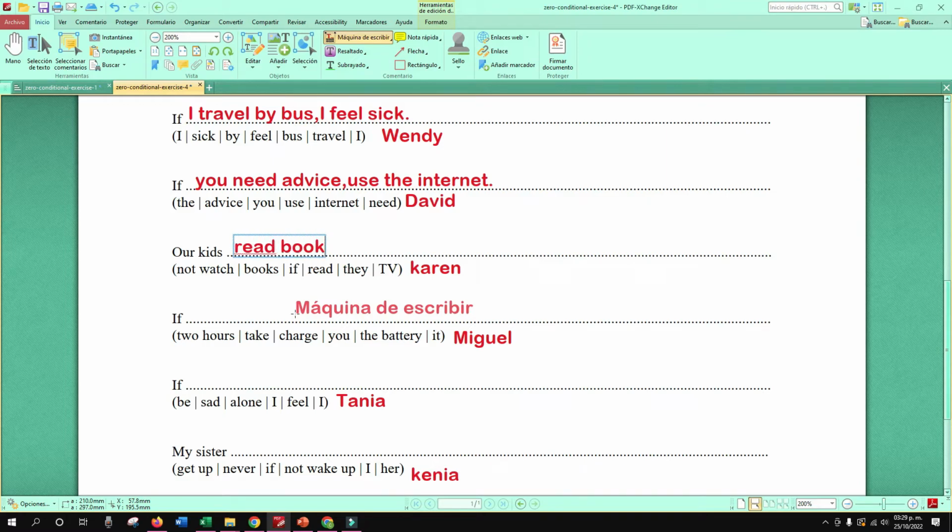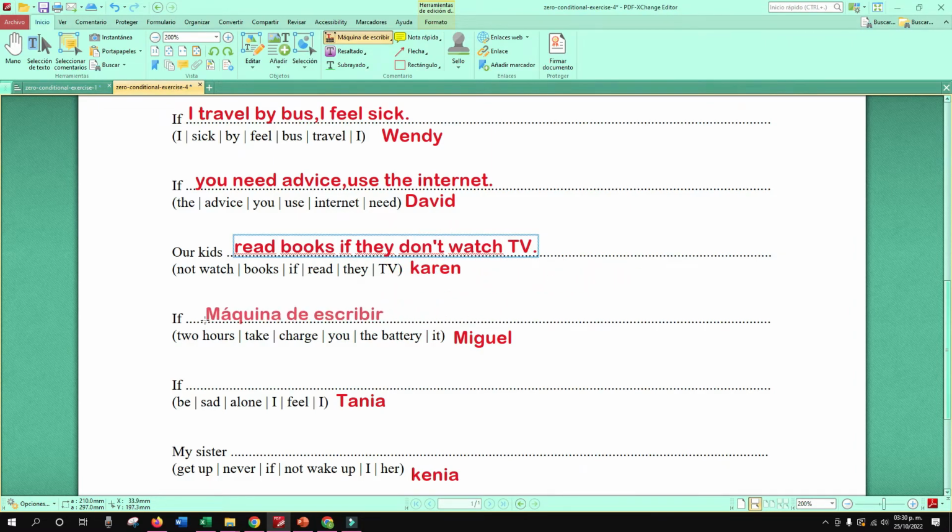Read books if they don't watch TV, right? So, si nuestros niños leen libros si ellos no ven televisión, right? So the result and then the condition, right? So just try to fix that, Karen.